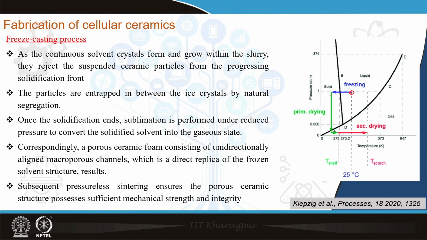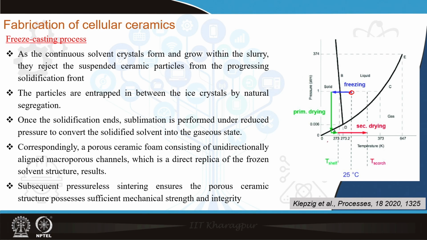Then after you reach this point, after this freezing stage, the next stage is very important. We do not let the solid transform again to liquid, rather the pressure is immediately reduced to below this point, and that means the ice crystals which have developed are made to sublimate.